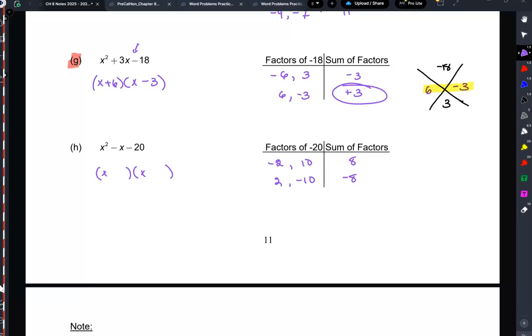I'm not even on the right track with this, right? So now I go, okay, what are the other factors? 5 and 4, okay, so 5 and 4. Let's see. Let's do negative 5 and positive 4. What does that add up to? Negative 1. Okay, that's what I want. Negative 5, positive 4. Okay?